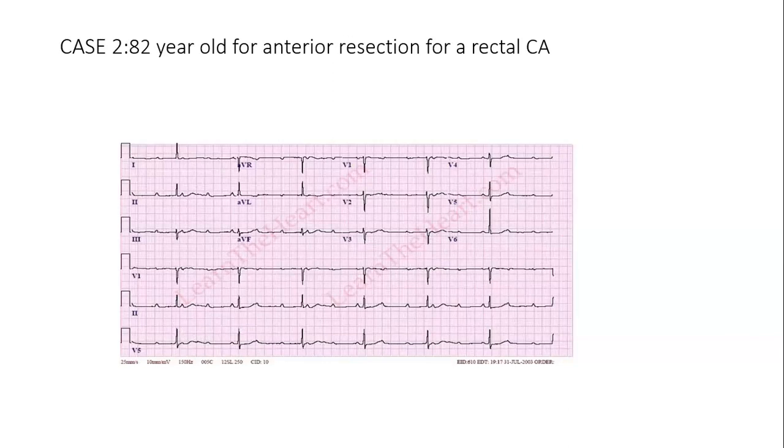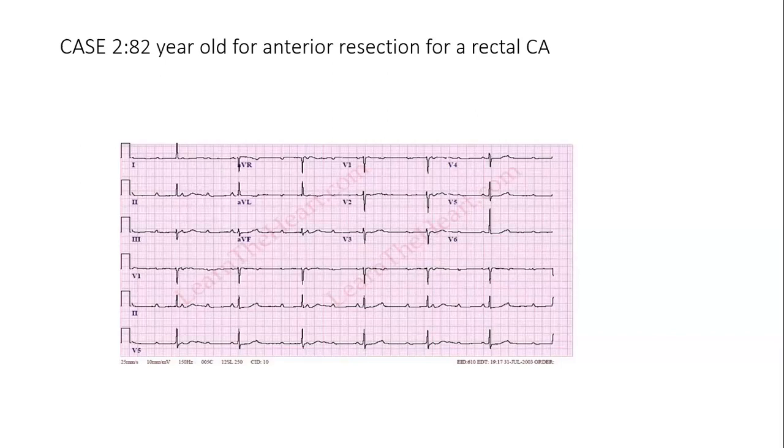Yes, some of them, there is a correlation, but I see that the PR interval keeps increasing, and then there's a drop of a QRS. So the PR interval keeps increasing, and then there's a QRS drop.